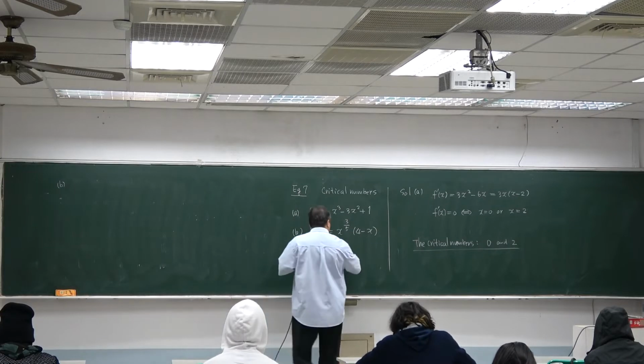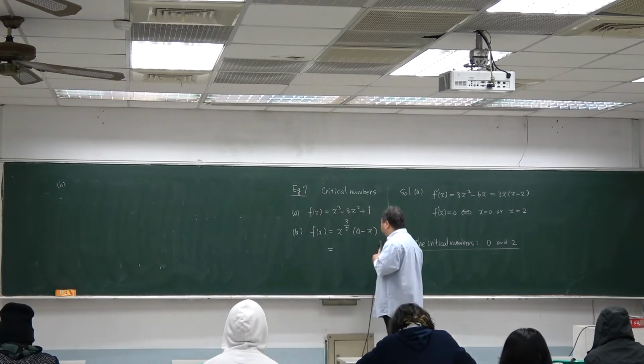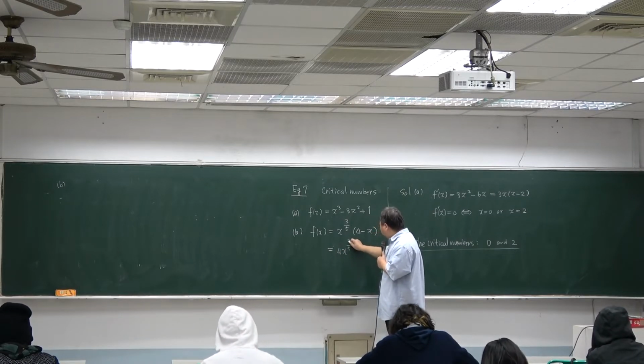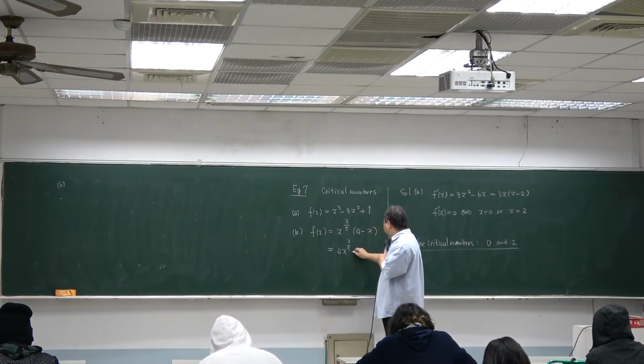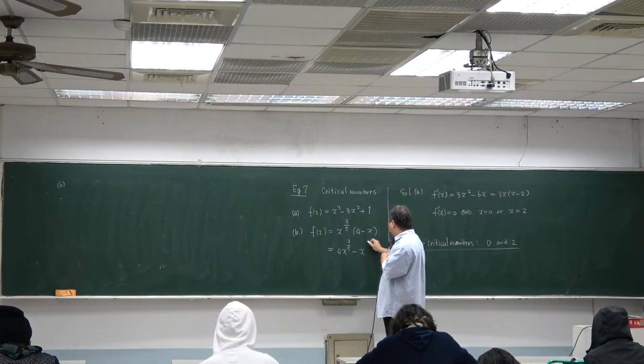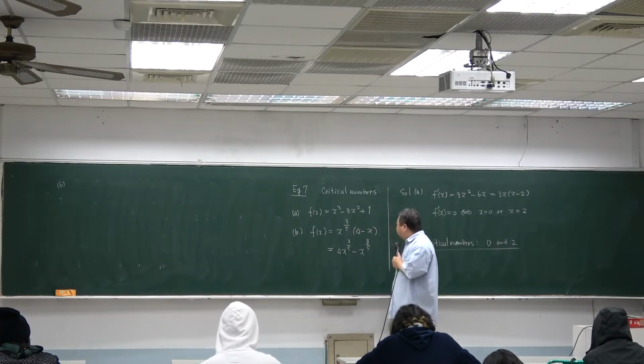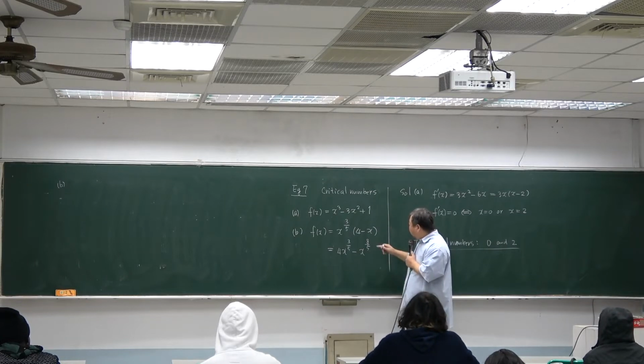rewrite this function. Now we use the distributive law: 4 times x to the 3/5 minus x to the 8/5, because 1 plus 3/5 is 8/5.